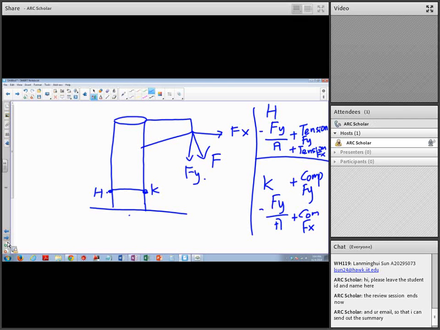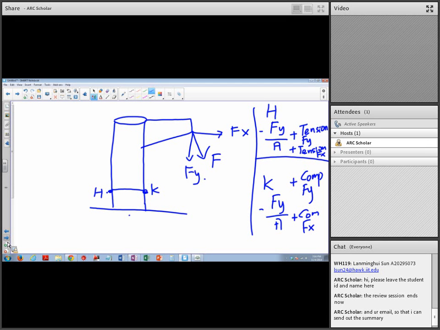So for both Fx and Fy, it compresses here. For point K, there is compression done by Fx and Fy. For point H, there is tension done by Fx and Fy. This is how you do the question for the homework.